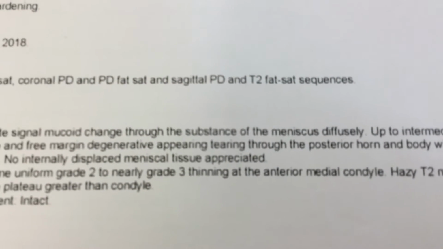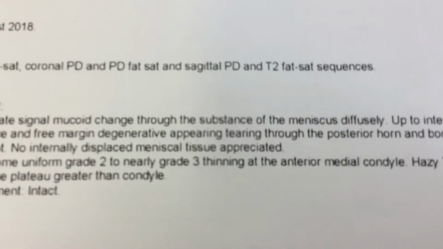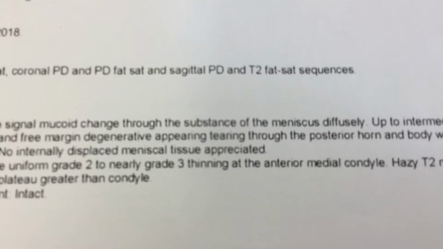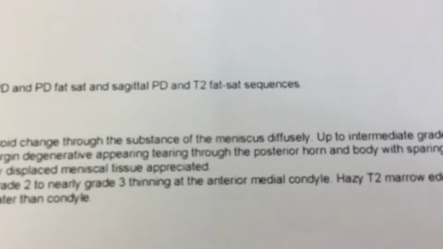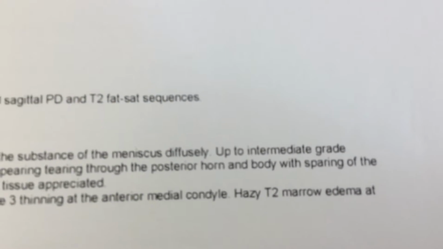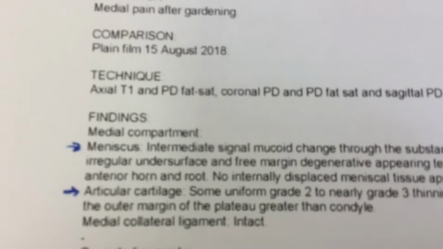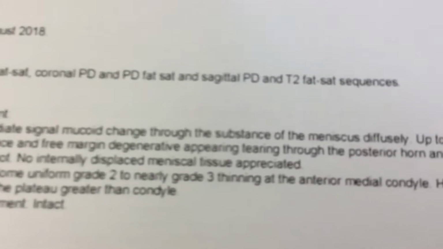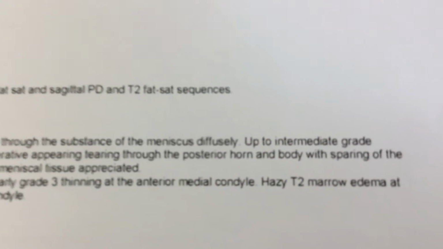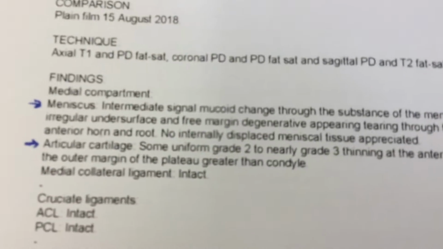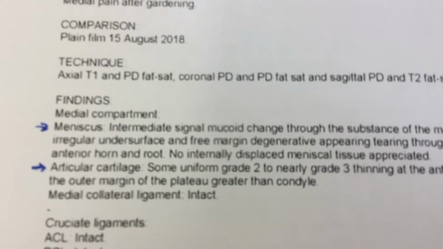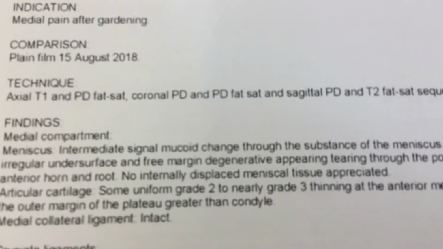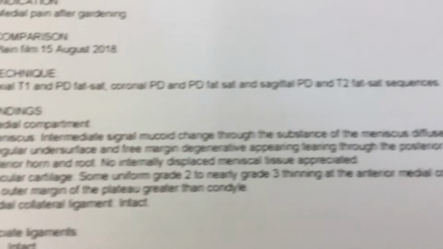So what that means is that the meniscus was changing in its texture, becoming more mucoid or less taut and tight and strong, diffusely up to the intermediate grade, with an irregular undersurface and free margin, degenerative appearing tearing through the posterior horn and body with sparing of the anterior horn and root. So what that's saying is at the undersurface of that meniscus there were degenerative appearing changes with tearing.